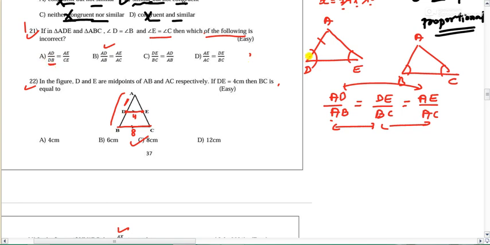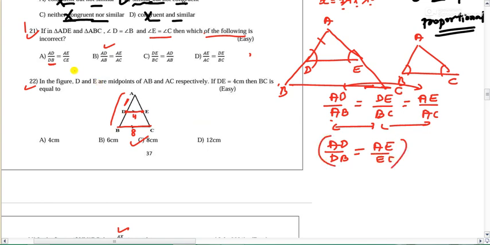DB they are asking. Oh, sorry. So it is in the same triangle, I guess. It's like this, ABC here and ADE there. So AD by DB is equal to AE by EC. These two conditions should be correct. So this is right: AD by AB and AE by AC.